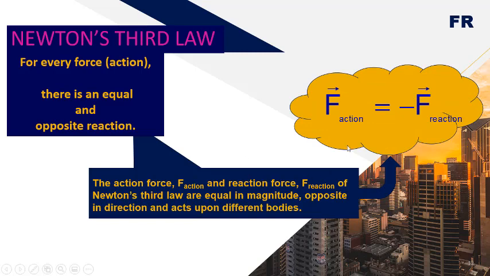And this statement can be written in the given equation here, where we can see the sign on the left and the right of the equation is different, meaning the vectors on the left and the right side of the equation act in the opposite direction but have the same magnitude.